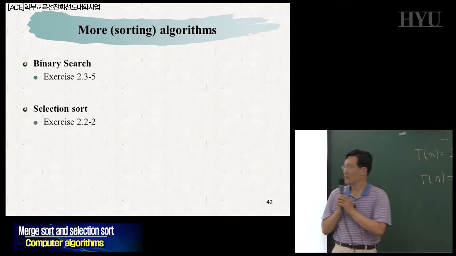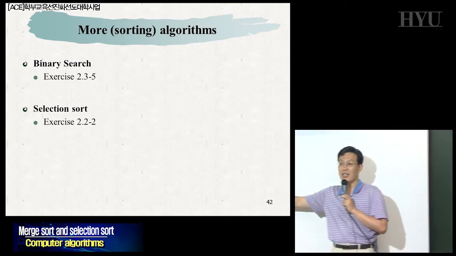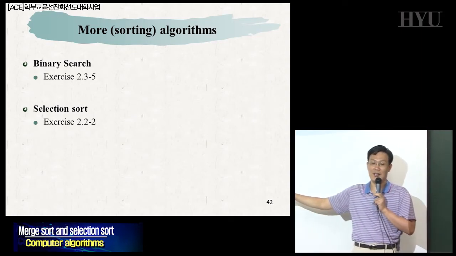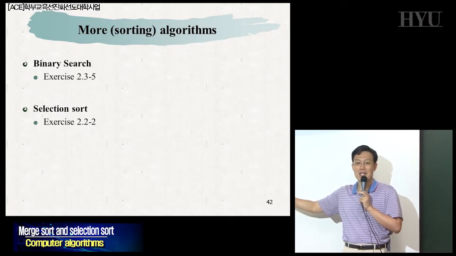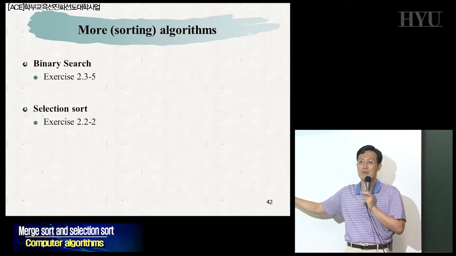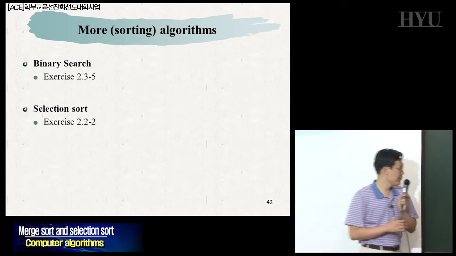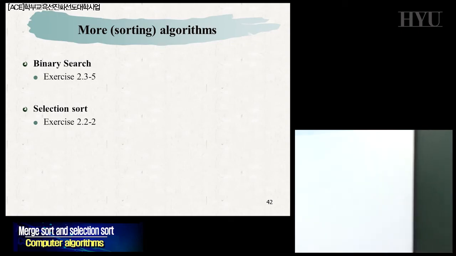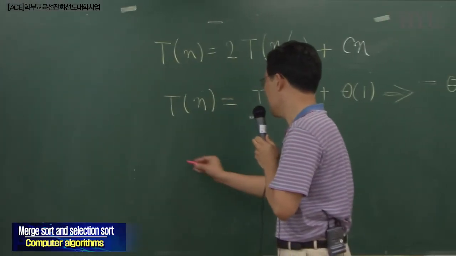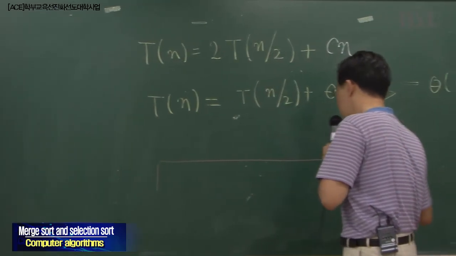Selection sort, there is a hidden word here. It's maximum selection or minimum selection. So let's say it's a maximum selection sort. There is an array.